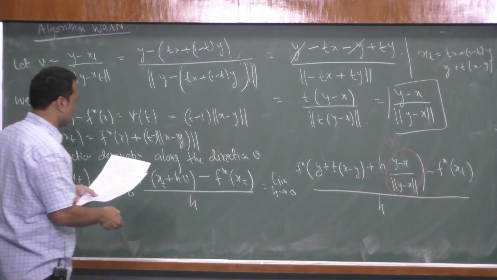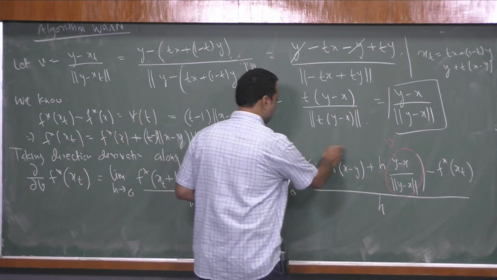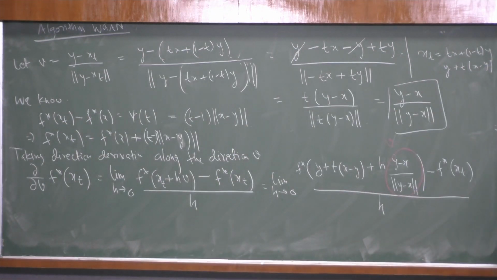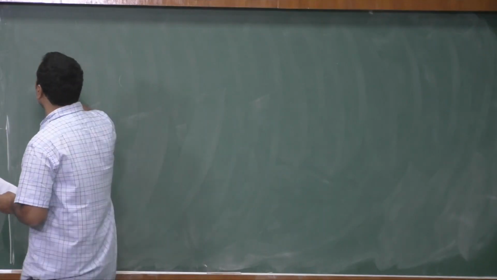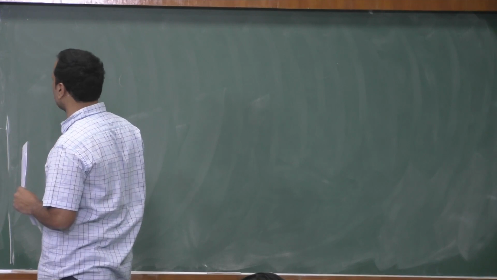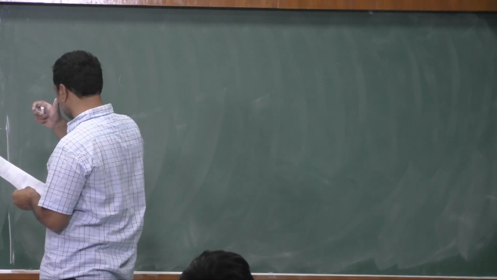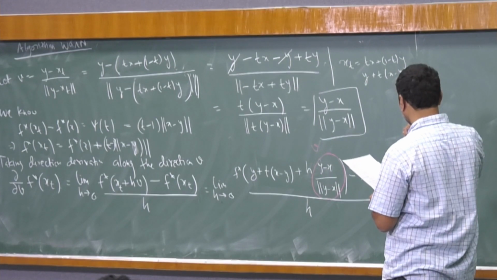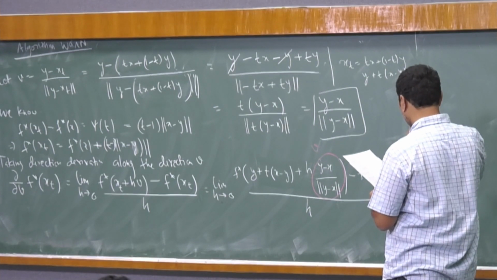So the question is, how do you see this as some xt? Let us try to figure out for which t this is that. So xt is here, and I'm supposed to get the h as well, and then y minus x is also there.